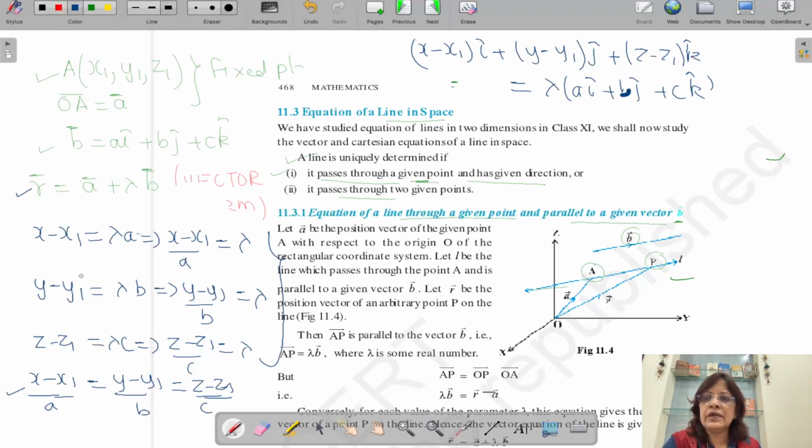You just have to remember that questions can give the vector form and ask for the Cartesian form, or give the Cartesian form and ask for the vector form. First we'll see that type of question.